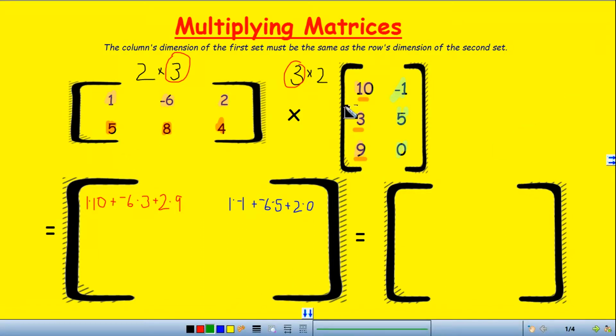So I have 5 times 10. And I'm going to add it to 8 times 3. And I'll add that to 4 times 9.